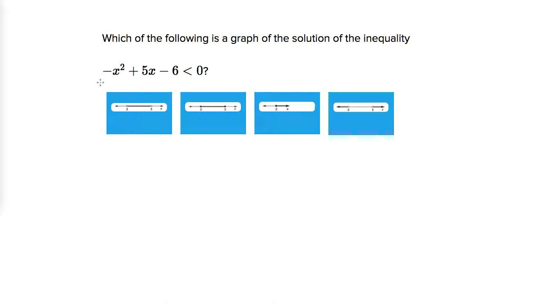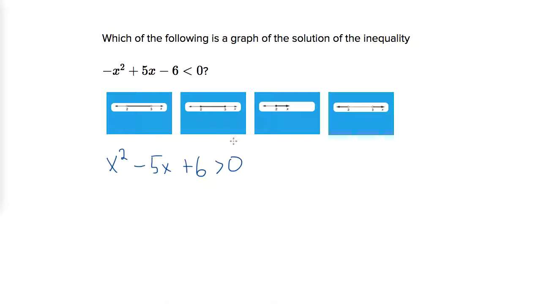So what we need to do is solve for, first we're going to factor this binomial. So negative x squared plus 5x minus 6, let's make this a little bit easier to work with by multiplying it by negative 1 so that we actually get x squared minus 5x plus 6 is greater than 0.